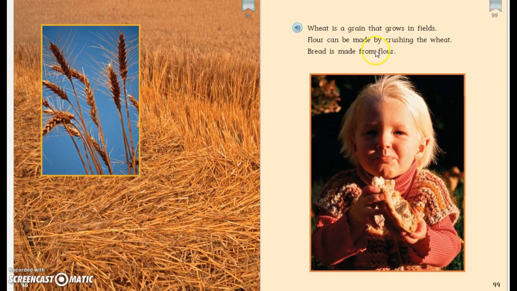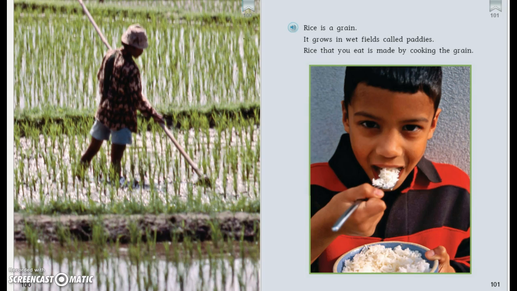You can also use the words on page 99. What are the most important ideas you learned about rice on page 101? Share that with your learning adult.